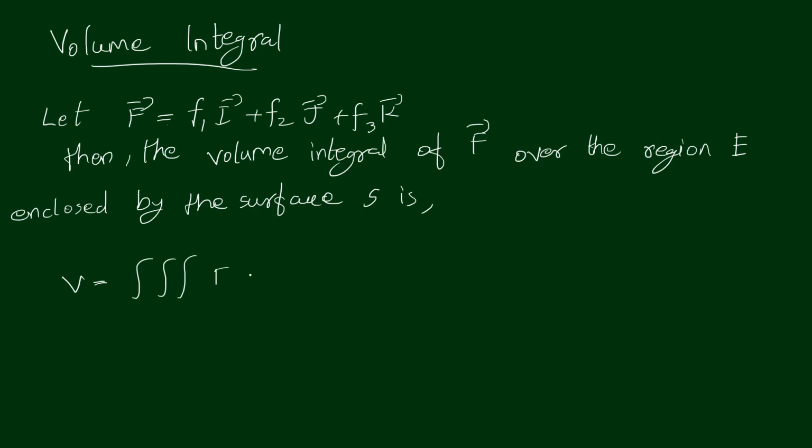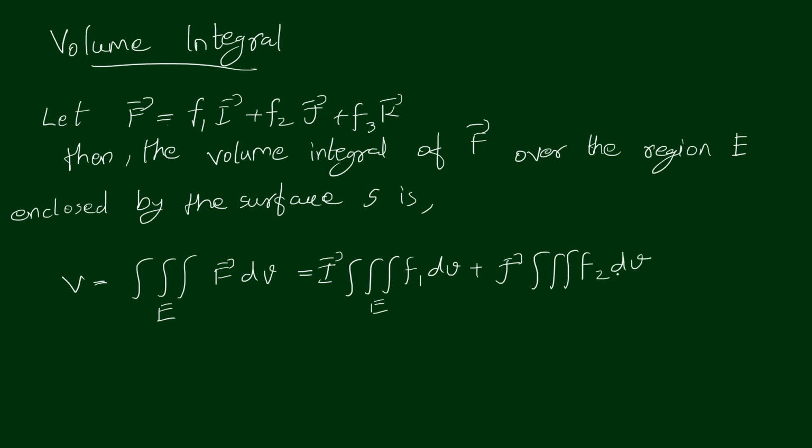So triple integral of vector F dV over the given region E, where the region is enclosed by the surface S, and simply you will integrate it like this: vector i into triple integral of f1 dV over the region E plus vector j triple integral of f2 dV over the region E plus k vector into triple integral of f3 dV over the region E.